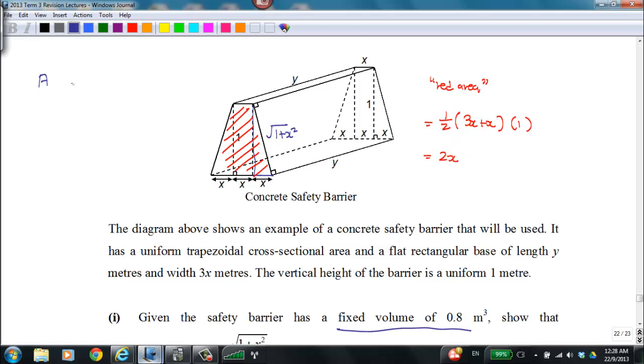So the area A will be equal to 2 times the red area, plus 2 times the slanted area as well because there are 2 sides, plus the top area plus the bottom area. Okay, simplify a bit.